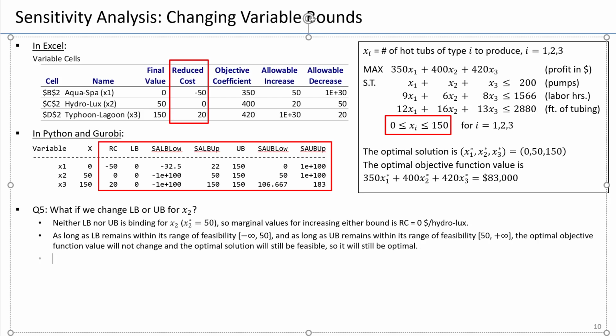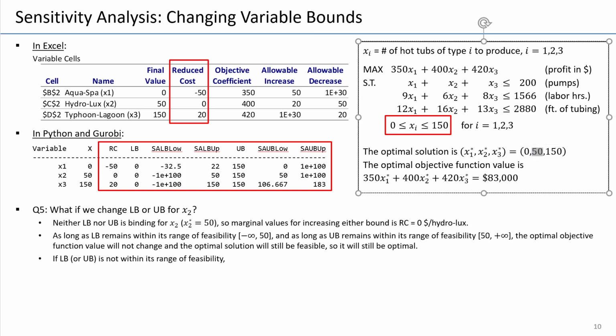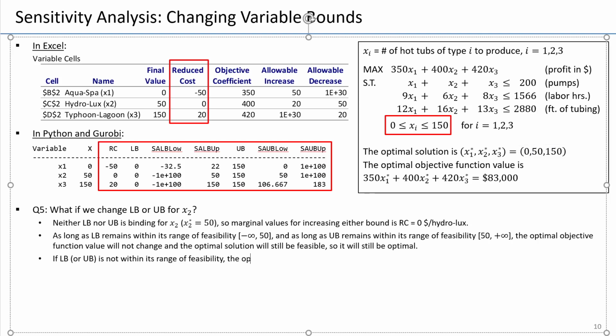However, if lower bound, or by analogy, upper bound, is not within its range of feasibility, right? So let's say if the lower bound is increased above 50, like let's say to 60, then this is no longer feasible, right? So the optimal solution will no longer be feasible. So it will no longer be optimal either, right?